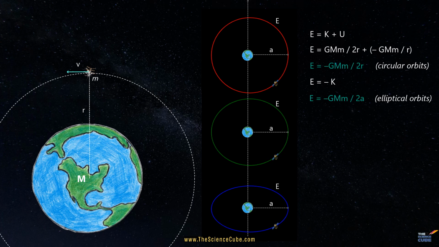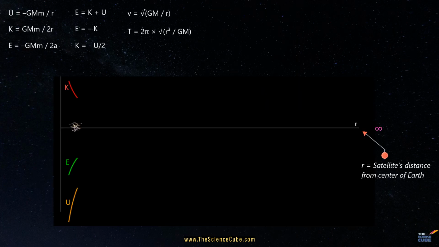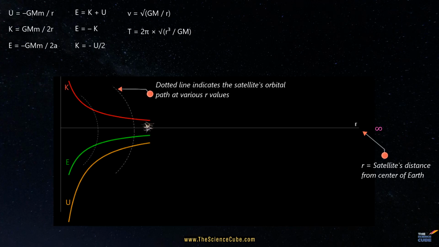However, if the R value or the a value for a satellite is changed, the change in kinetic energy, potential energy, and the total energy would look like this. And you can see that as R increases, the kinetic energy decreases, and therefore the orbital speed also decreases.